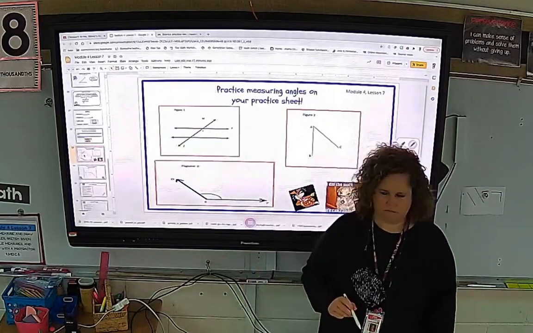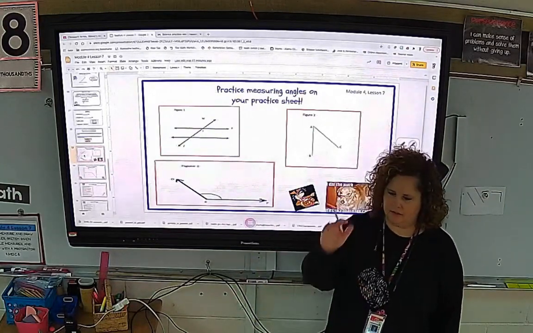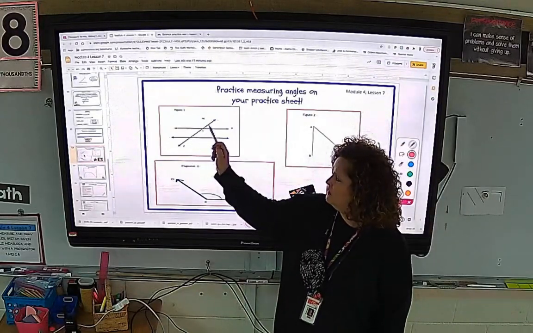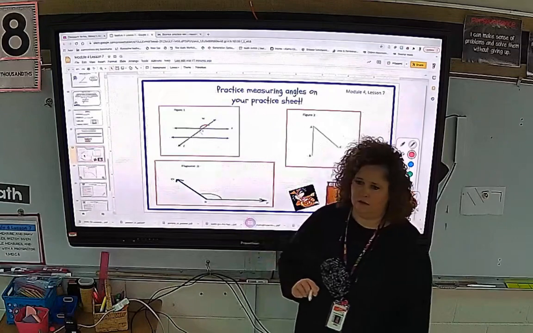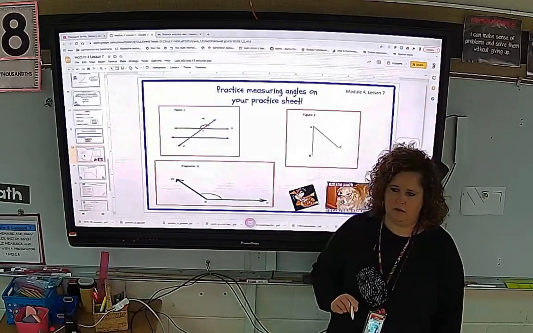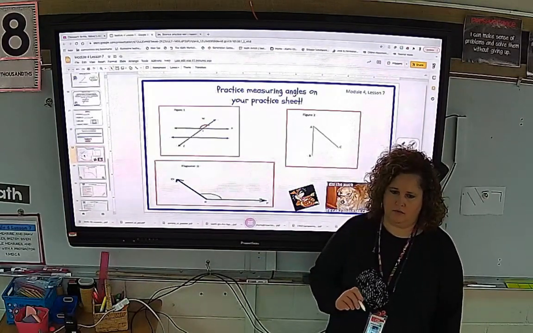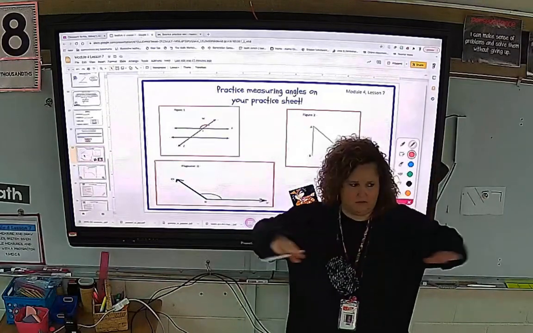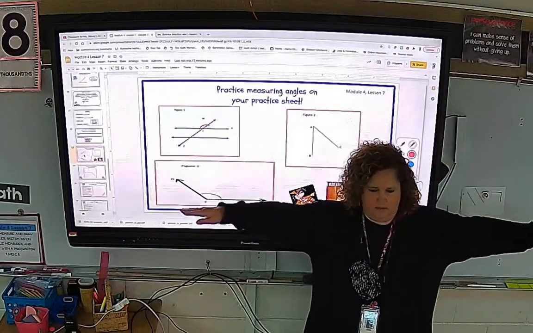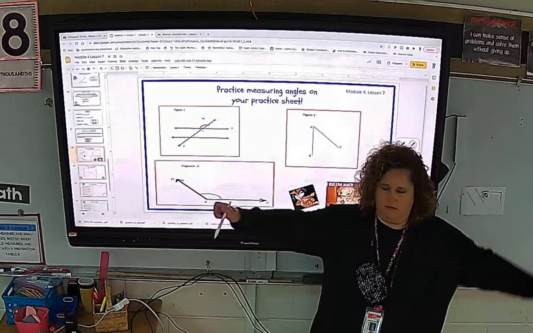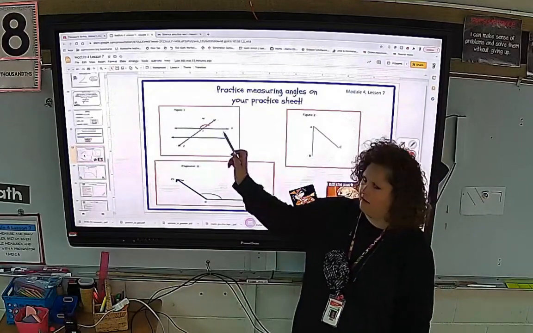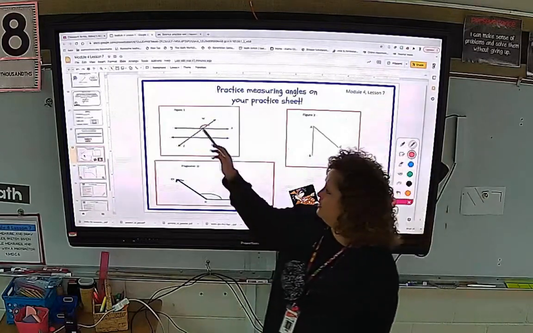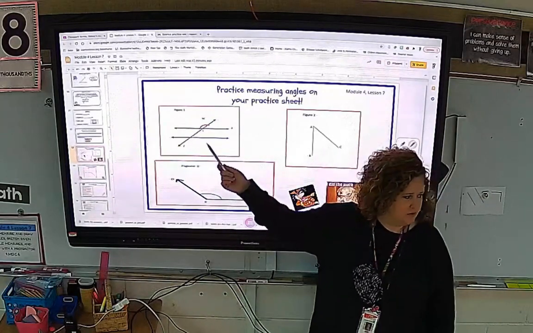What measurement did you get for that, Will? 180? Okay, 180 is a straight line, so it can't be 180. 180 would be all the way open. 145? Okay, 145, that's definitely a lot closer.